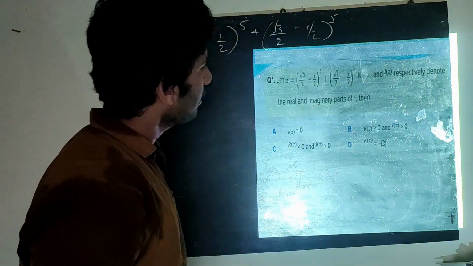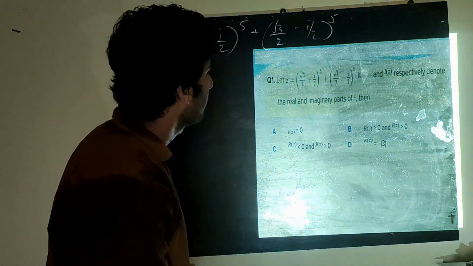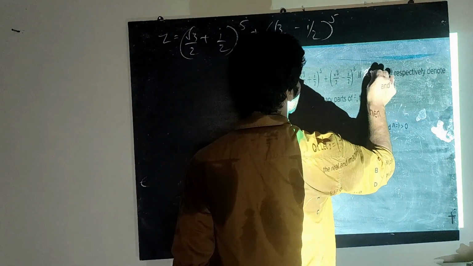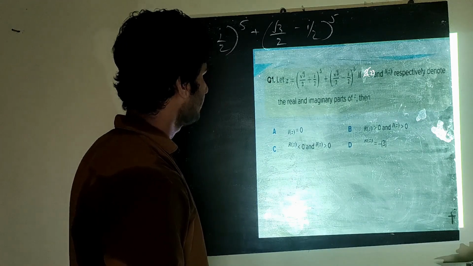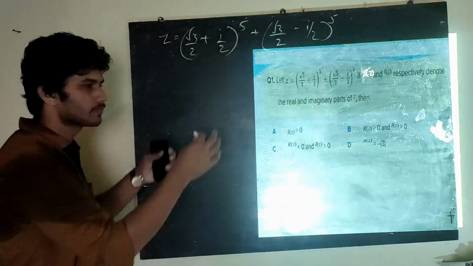If R of Z and I of Z represent the real and imaginary part of Z, then which among these is true? Okay, so let's solve this first.